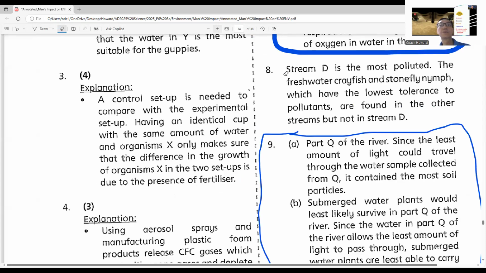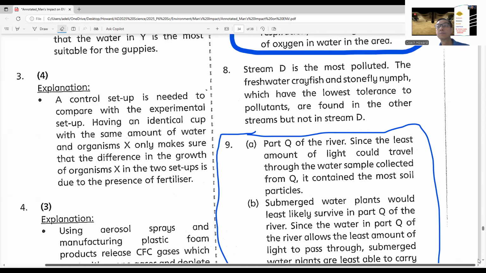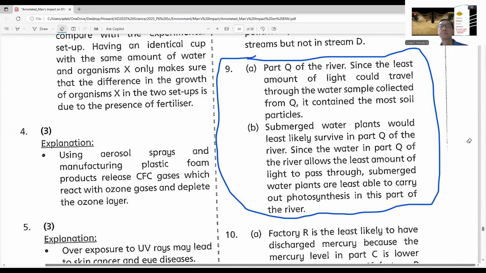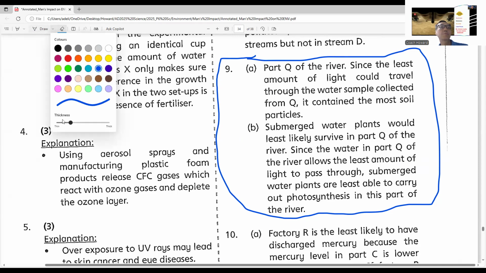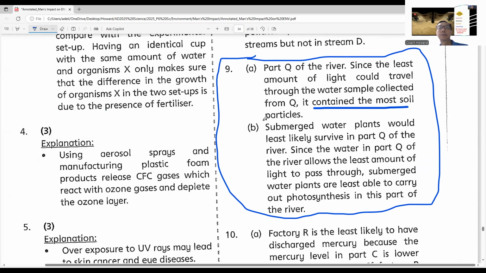So the answer is shown here, this part Q. Part Q of the river, since the least amount of light could travel through the water sample, it means that it has the most soil particles. Okay, then part B.